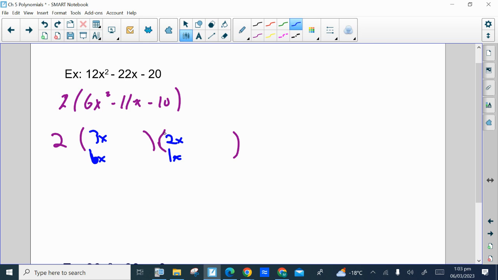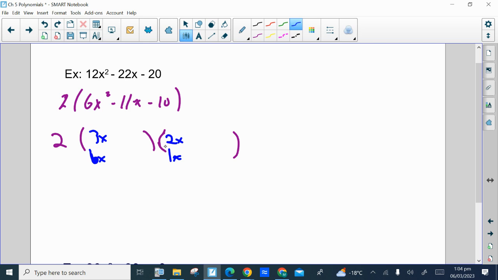However, let's first check with 3x and 2x. I said earlier that we always start with the ones that are closest together, right? 3 and 2 are closer together than 6 and 1. And for the last term of negative 10, I would use the 2 and the 5 before I'd use the 1 and the 10. Use the numbers that are closest together.